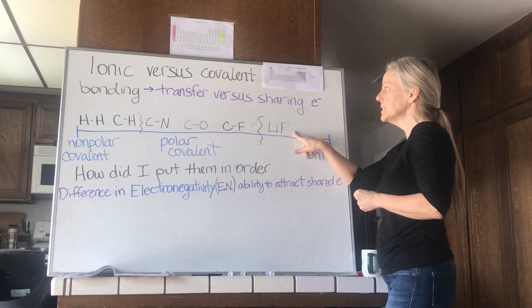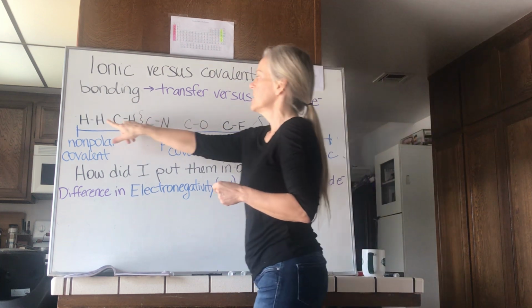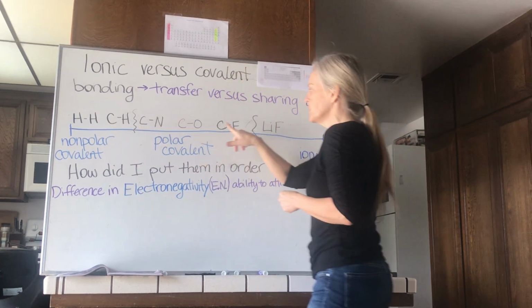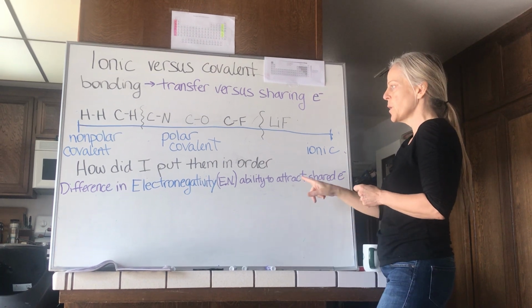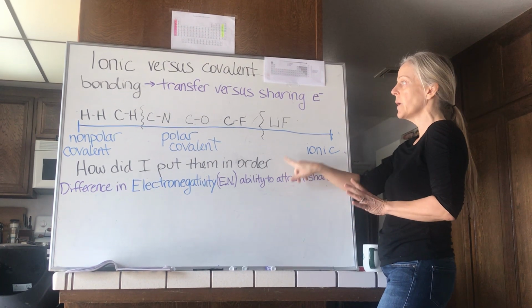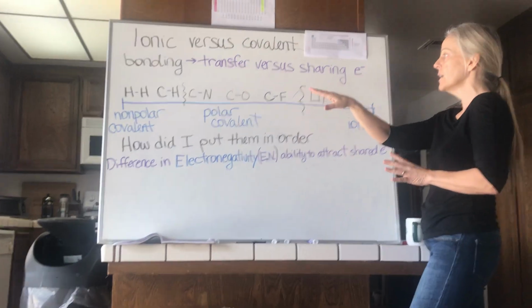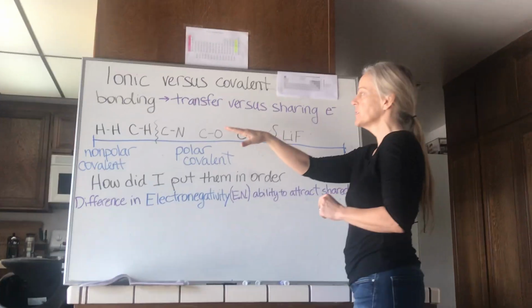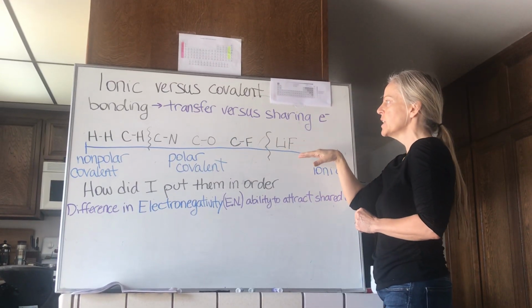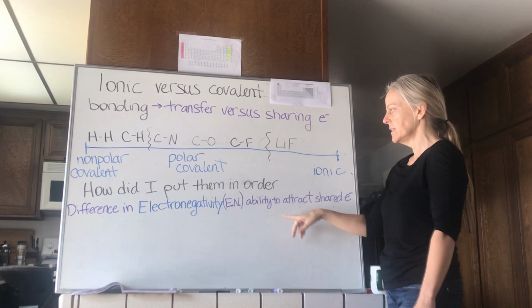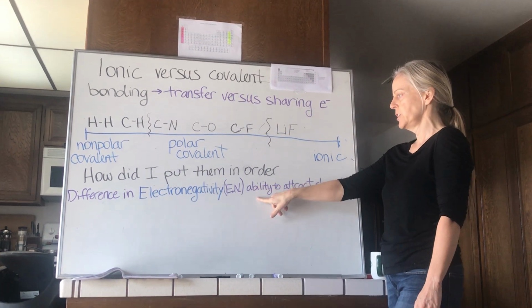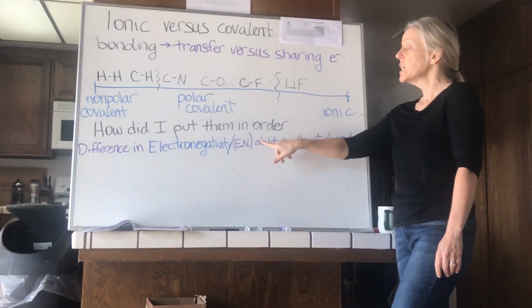I put these particular combinations of atoms together and I put them in a particular order. So how did I put them in order? The order that I put them in was specifically the difference between the two in electronegativity values.